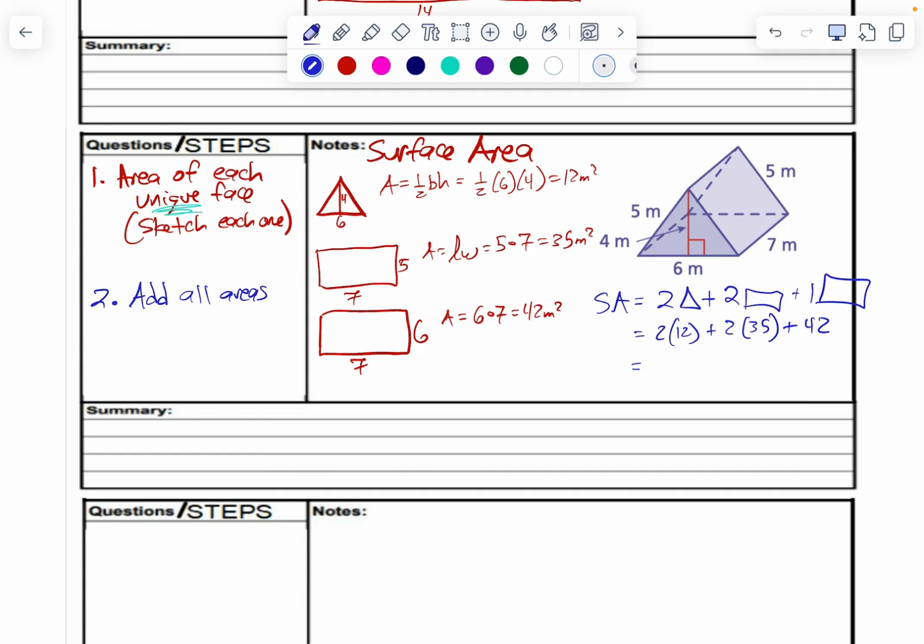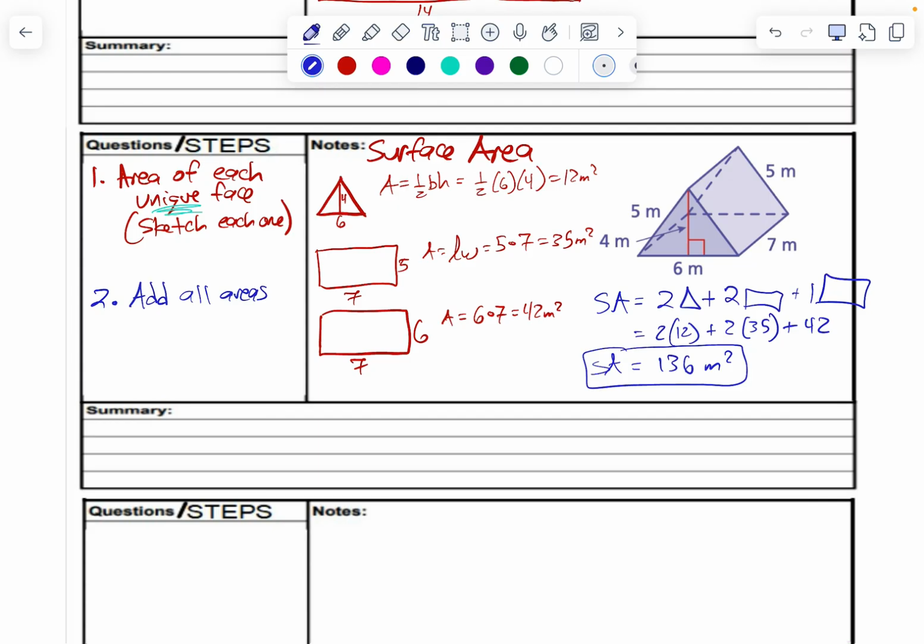Plus 42 is 136, I believe. Okay. Seem okay? Does this feel familiar?